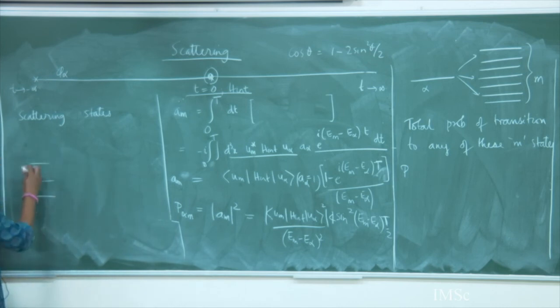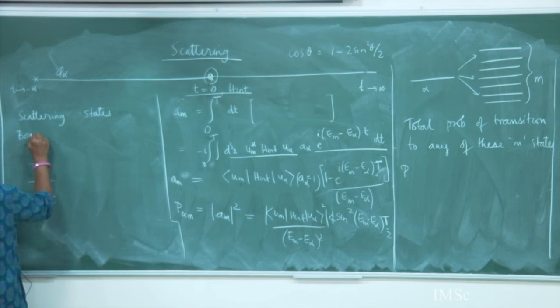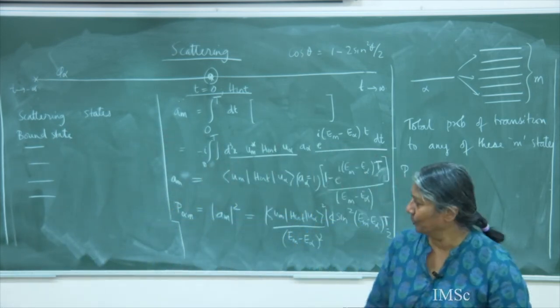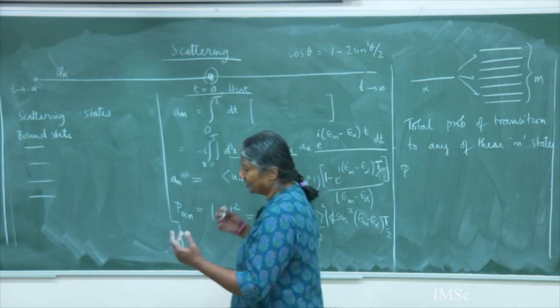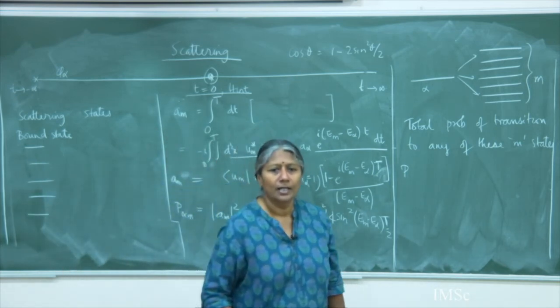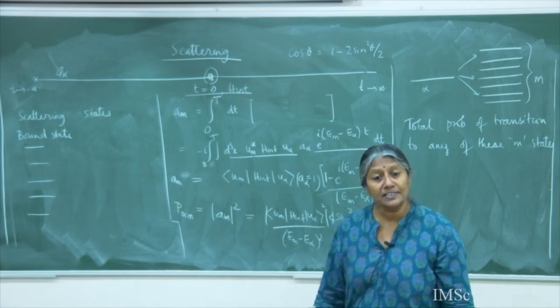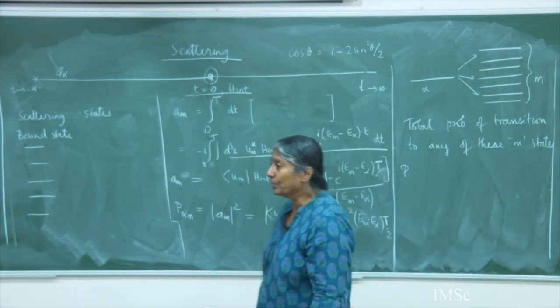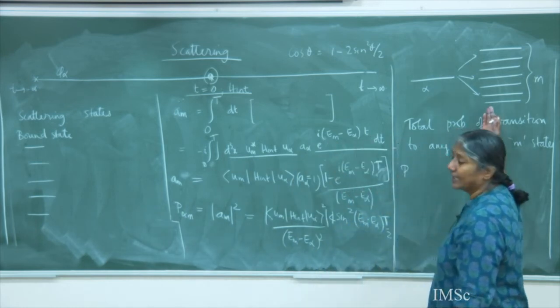So when I have a bound state problem, you're used to solving, all of you have written in your entrance exam, and gave interviews on, harmonic oscillator, square well, all discrete states. But now we're talking of scattering states. These are free particles scattering off each other. So what you would be more likely to see is a continuum of states.